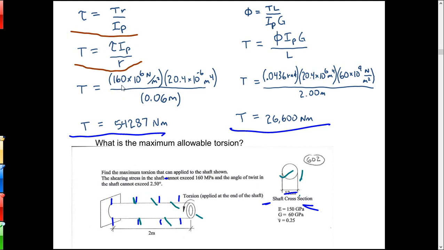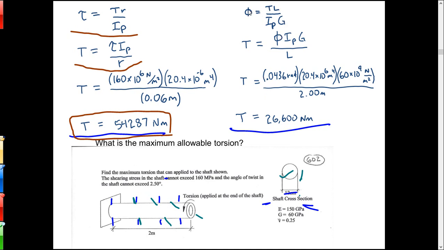The maximum allowable shear stress is 160 times 10 to the 6 newtons per meter squared. I is 20.4 times 10 to the minus 6 meters to the 4, and R is 0.06. When we work that through the formula, we get 54,287 newton meters. That's the torsion that would cause a shear stress of 160 megapascals.